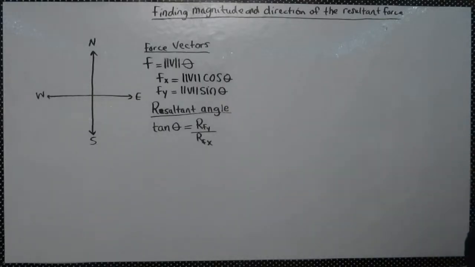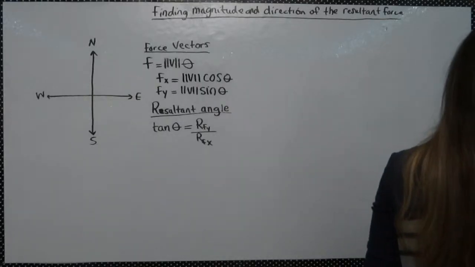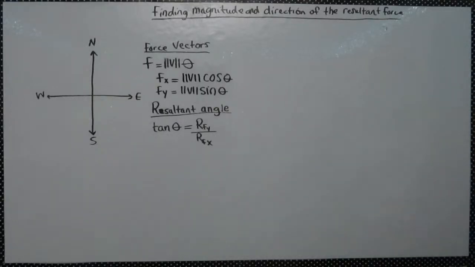It's kind of complicated, but in this problem, that's what it's asking us to do. So let me write it out here. It says, and I'm going to try this one, it says 47 pounds acting north 23 degrees 10 west.